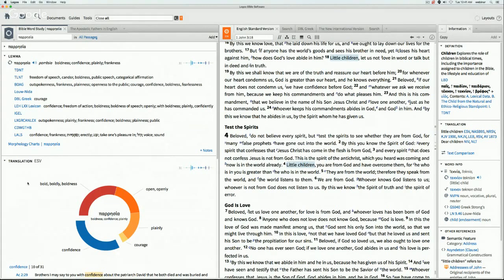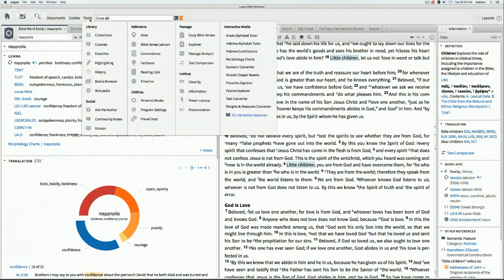There's also another way to access the Bible Sense lexicon, not just in the Bible Word Study. Is there any way you can show us that? Yeah. So you can just go up to Tools here, and under your reference section, you have Bible Sense lexicon here.